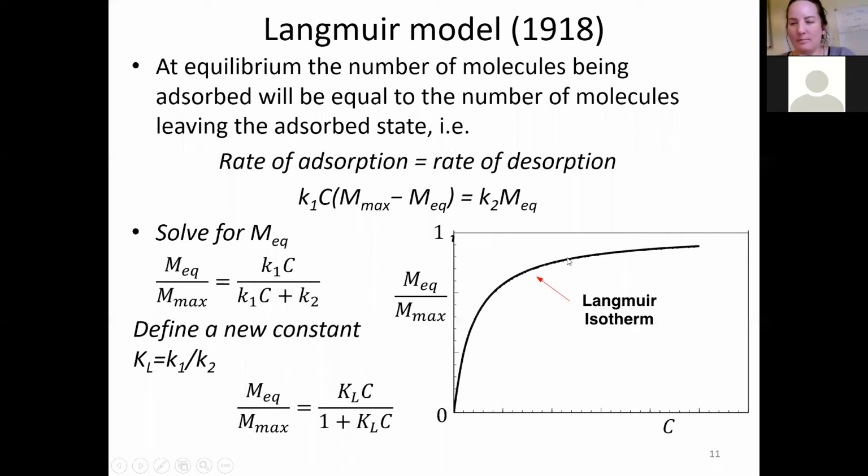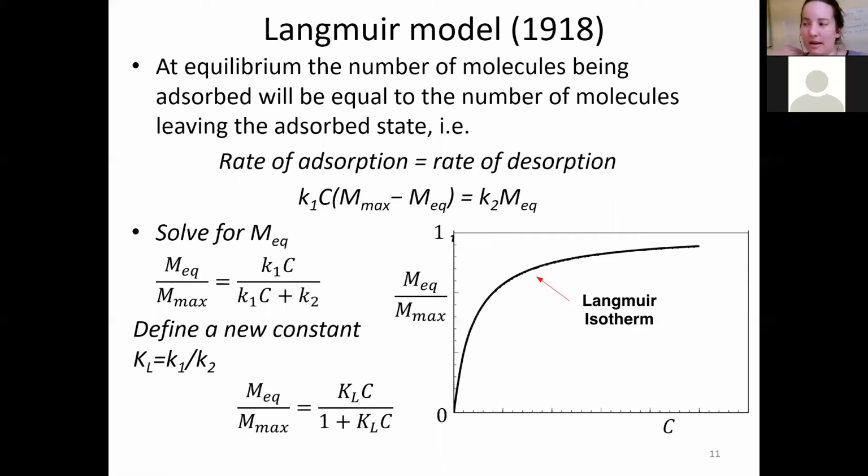And at some point, as most of these sites are getting filled, it's just not likely. We said that one of the assumptions is that the molecules need to somehow find their way and bump into one of the free sites to get adsorbed. As most of the sites are filled, this no longer happens, and so this curve tends to flatten out.